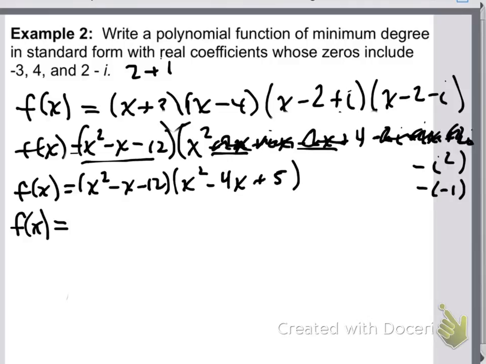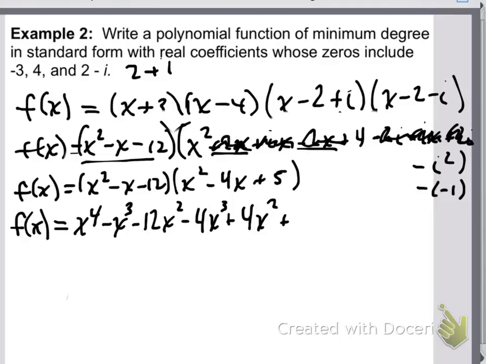So x squared times x squared gives me x to the 4th, minus x cubed, minus 12x squared, minus 4x cubed, don't make a mistake, plus 4x squared, plus 48x, plus 5x squared, minus 5x, minus 60. Alright, so I think we're good there.